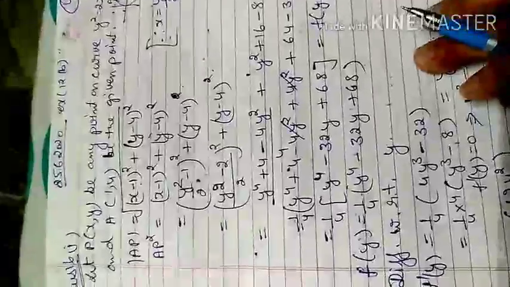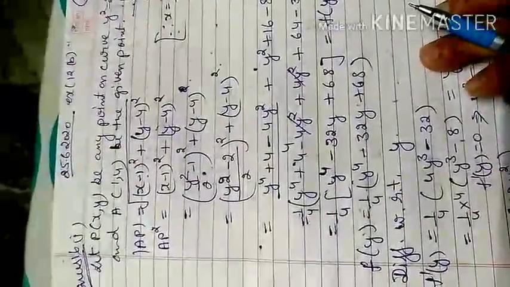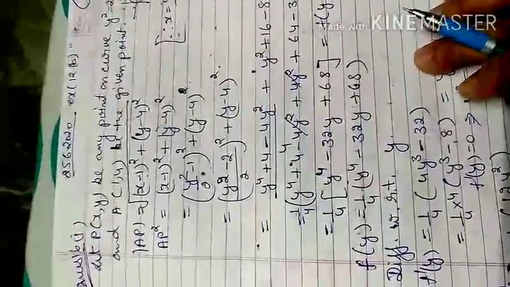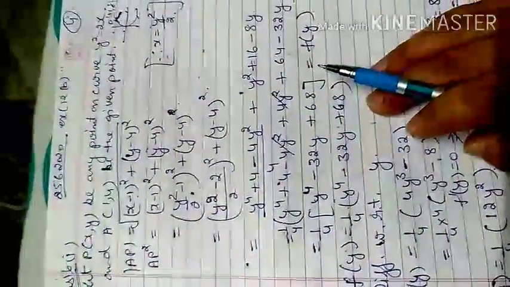Basically you have to find the shortest distance between the curve and that point. So what will be the point on the curve that gives the shortest distance between A and any point on the parabola?